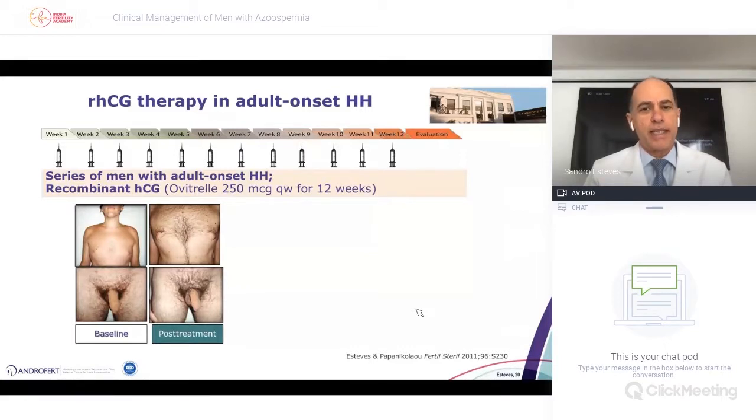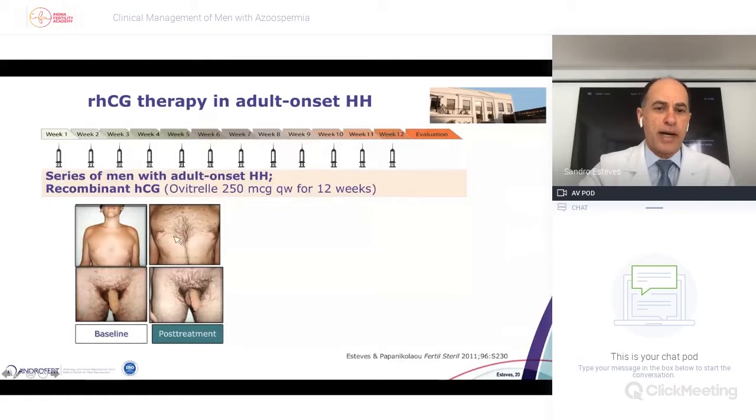We gave 1 injection per week of recombinant HCG, 250 micrograms per week. So 250 micrograms is about 6,750 international units, so about 7,000 units per week.